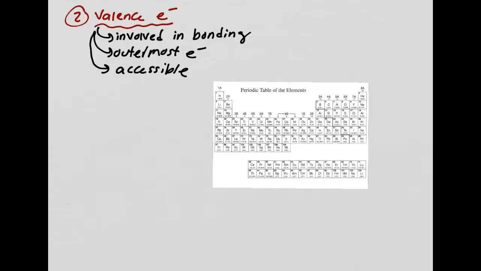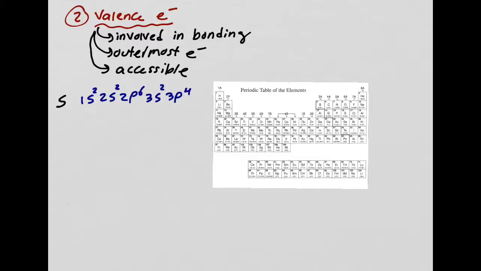Now, write the full electron configuration for sulfur. It's probably 1s2, 2s2, 2p6, 3s2, and 3p4. Which ones are the outermost electrons?